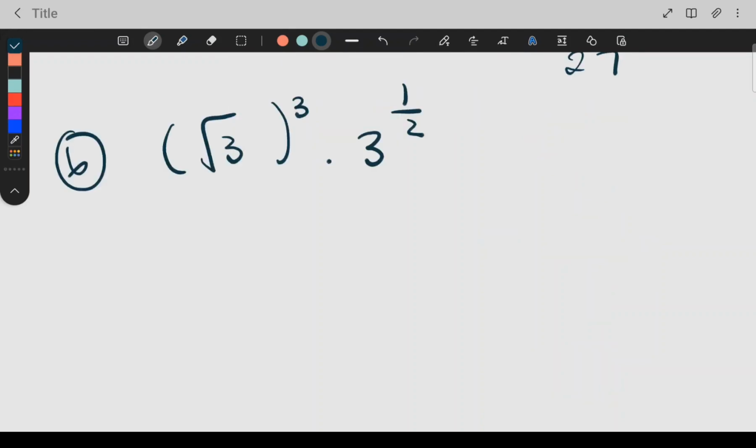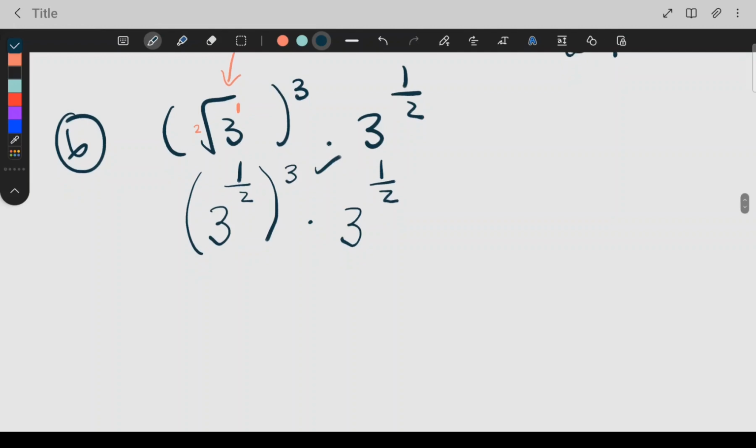Let's look at this example, grade 11s. So here we have a root again, eh? So if there's no power, there's a 1. And if there's no root, there's a 2. Okay? So let's go. So first thing I'm going to write this is inside over outside, to the 3 times 3 to a half. Okay, so that gives you a mark over there.